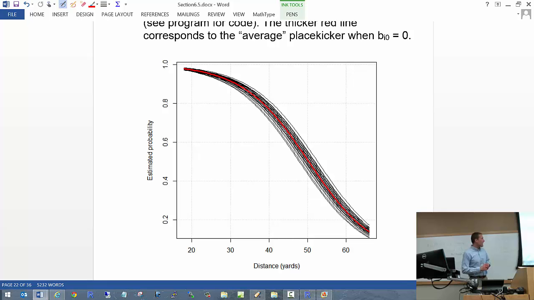Now the black lines represent lines for every single place kicker in the data set. I think we had about 34 place kickers in the data set, so there would be like 34 black lines there. And so what we can see here is a little bit of variability in these place kickers. At least what's observed, we see variability.